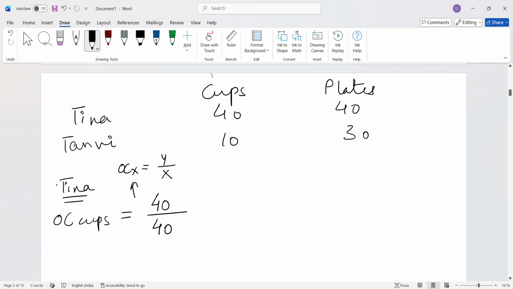If I assume cups to be X and plates to be Y, then it's 40 divided by 40, which is one plate.